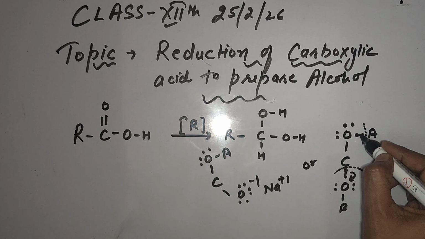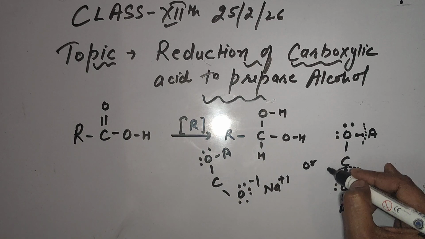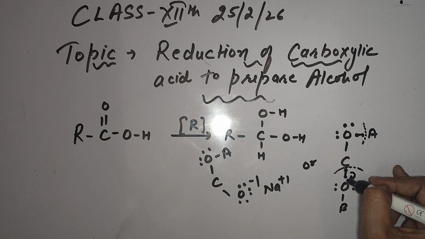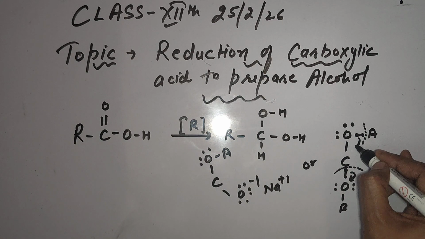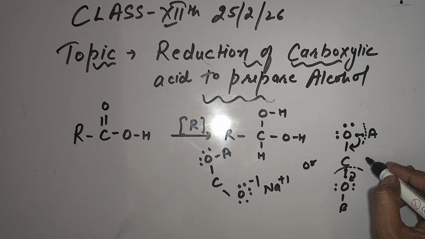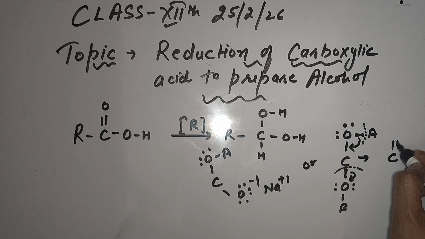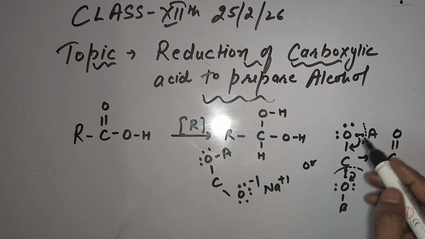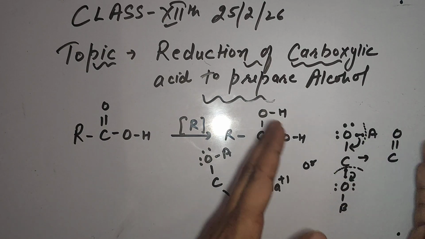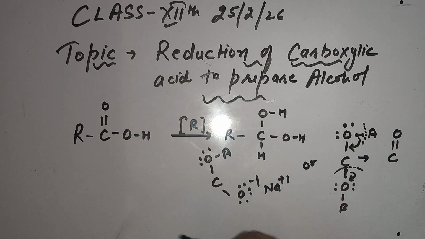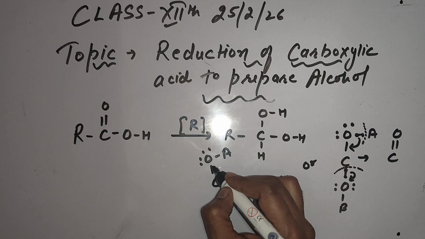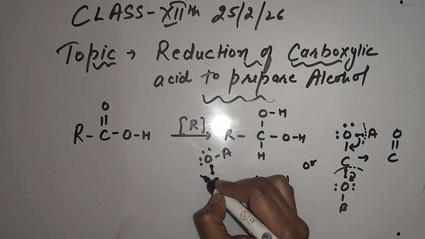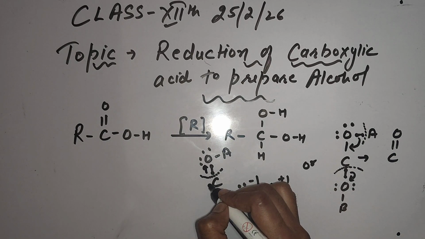Now two electrons here, and carbon will have a vacant orbital when oxygen breaks bond from carbon. So oxygen will shift electrons toward carbon, due to which a C=O will generate, and the other group will release out. Same here, this oxygen will break bond from carbon and will get electrons, due to which a vacant orbital will generate.